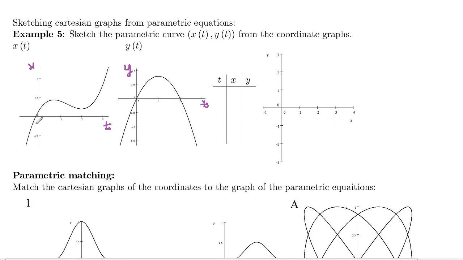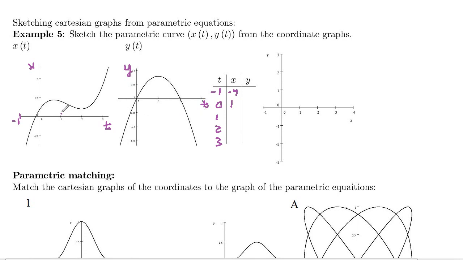So for our x coordinate, let's just estimate when t is -1, it looks like x is, let's see, maybe -4. It's going off the end here. And when t is 0, x looks like it's about 1.